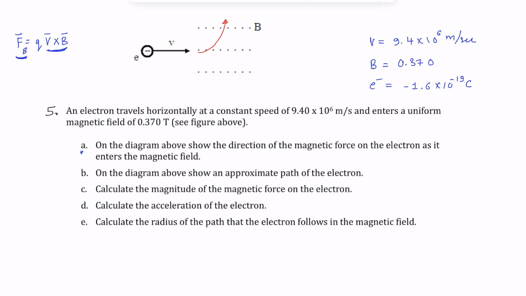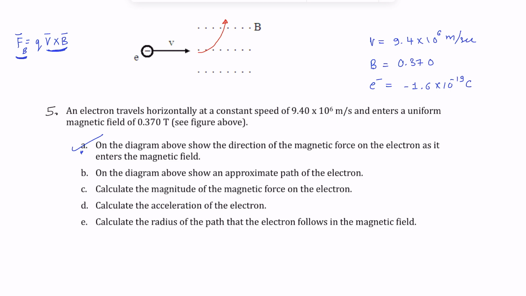Okay. Again, for a proton, you do V, and it's coming out of the page. So V cross B will give you this as the direction of the force, but it is an electron, so it will go like that. Okay. That is your answer for part A.